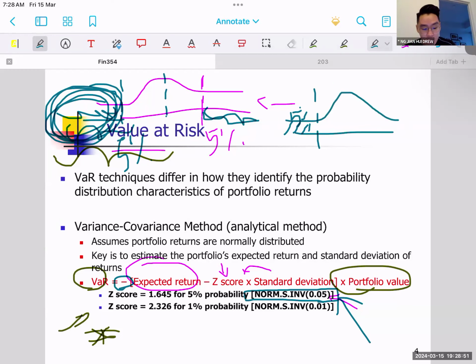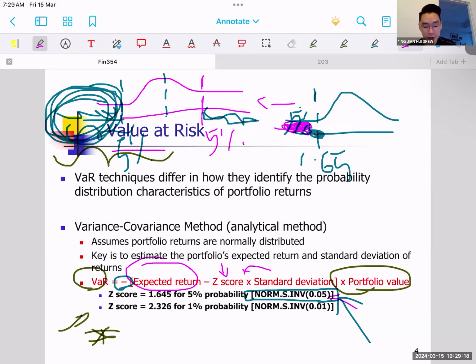So we are trying to find what is this point in the graph of this normal distribution that will give you a 5%. And in this case, this is 1.65, right? So at this point, at 1.65 here, the area under this portion will be the 5% that we require.